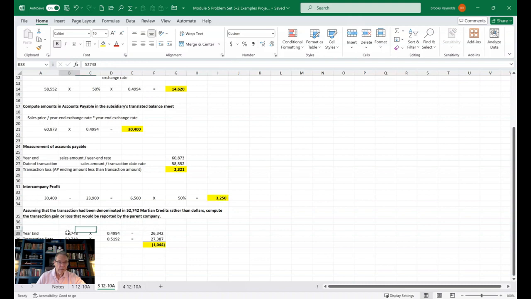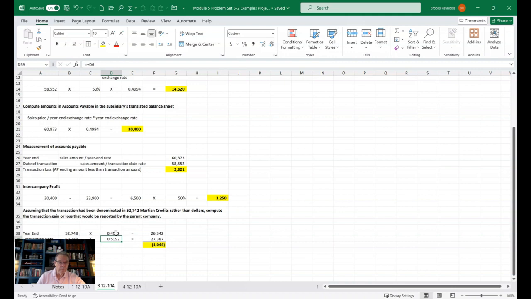All right, so we've got this Martian credits of 52,748. And so year end, we have 26,342. And that's just strictly the year-end balance sheet rate. And then we look at the rate that existed when the transaction was made.